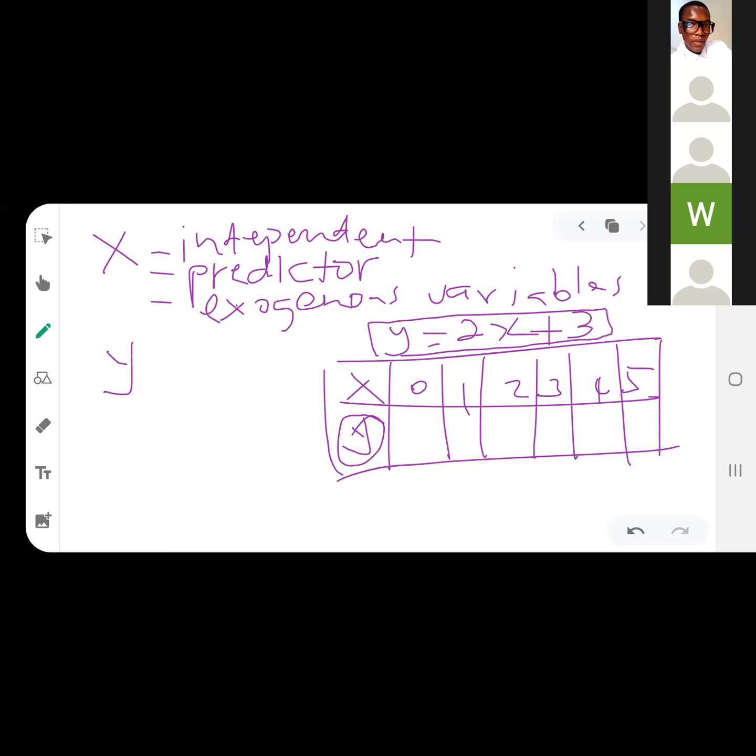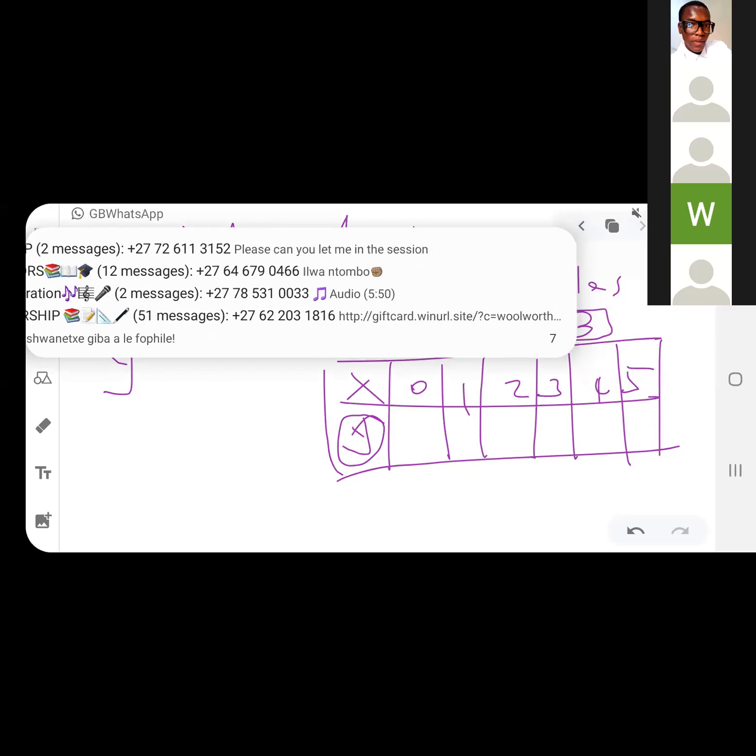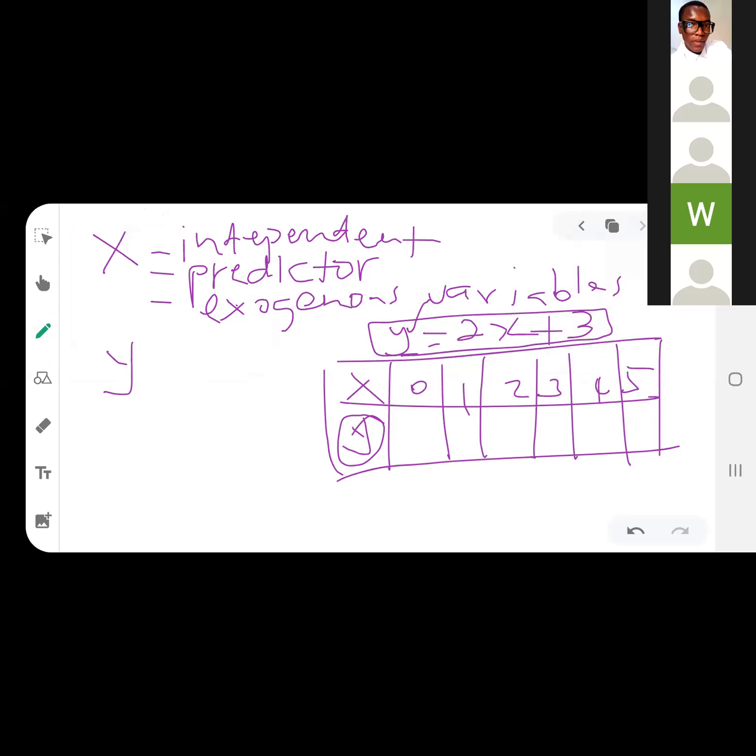There is no way you can calculate the value of y without the value of x, meaning that the value of x is the one that is used to predict the value of y. Hence, x is called the predictor variable, because we must have the value of x before we can actually have the value of y. So the value of x is referred to as the predictor variable or the independent variable.